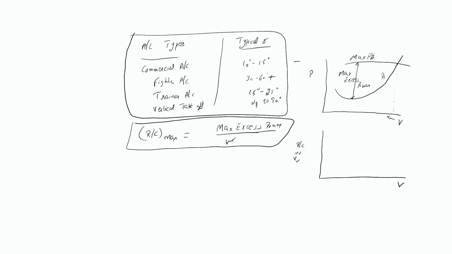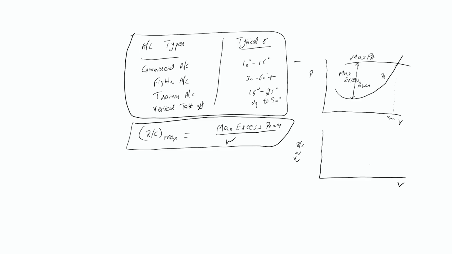What will happen to the rate of climb at maximum velocity? How much excess power do we have at this point? Excess power is 0, right? So your rate of climb will actually be 0 at this point.